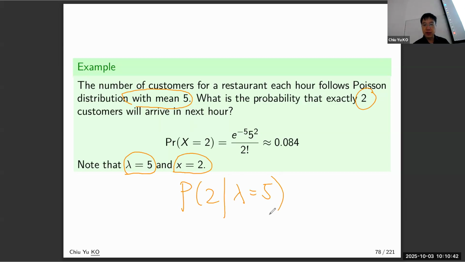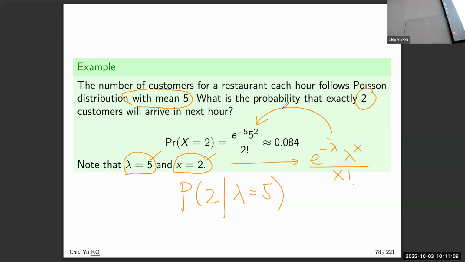And because the formula is e to the negative lambda, lambda to the x, over x factorial, put lambda is 5, x is 2, so you get this formula. So there's only 0.084. Do note that the Poisson is different from binomial.